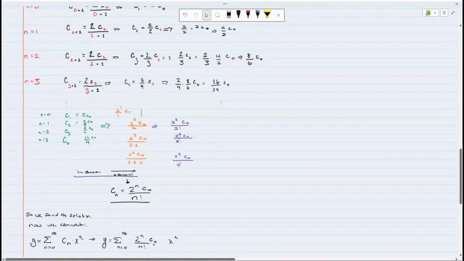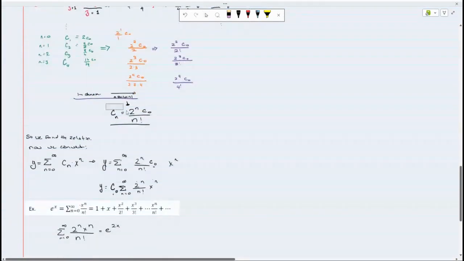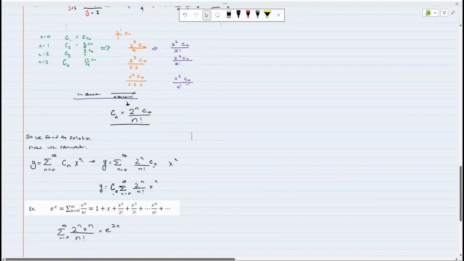And so after you look at the constant terms and solve for them, this is what you're going to get for n when n is 0, and then when n is 1, you get this, and n is 2, and for n is 3. Anyway, so here is our relationship for Cn, as you can find from looking at these terms when you substitute back in for every subsequent term.